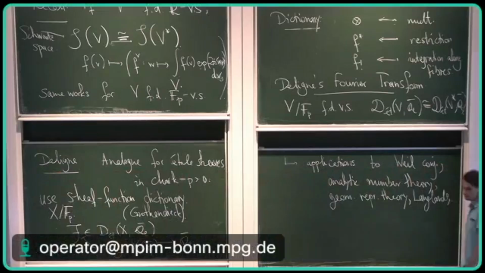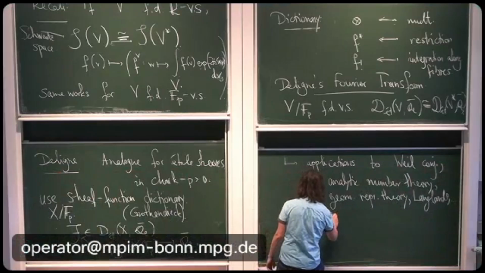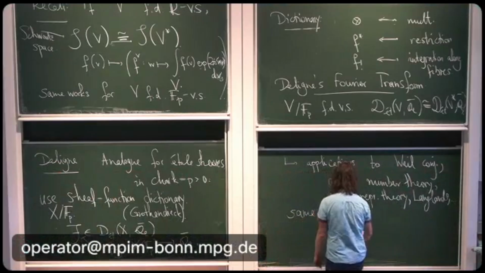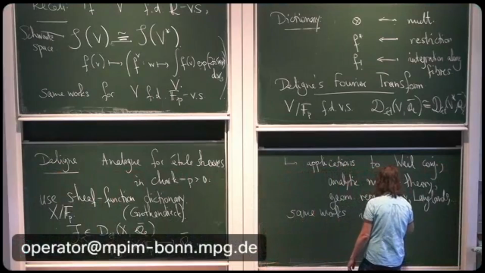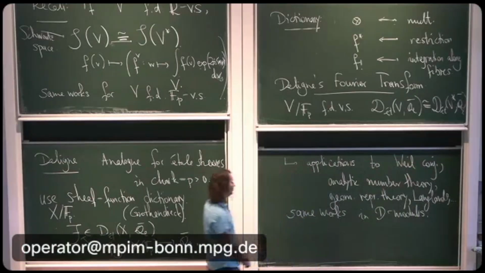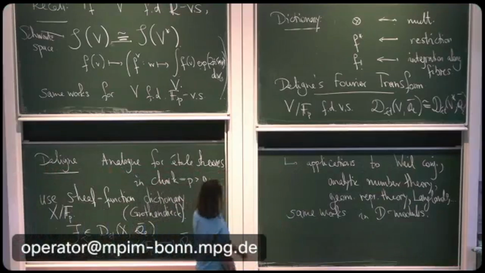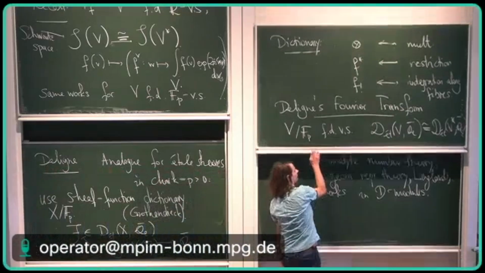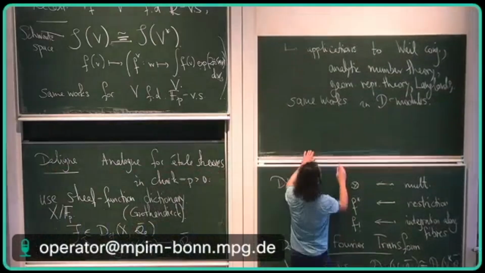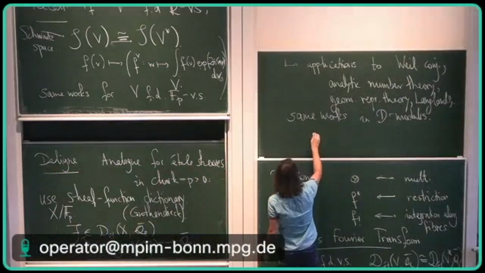And maybe just let me write down here. So the same works in D modules, but not in D modules with regular singularities, only in the full category of D modules. In this case, it's actually something rather elementary. Recall that a D module was just a module over the Weyl algebra.